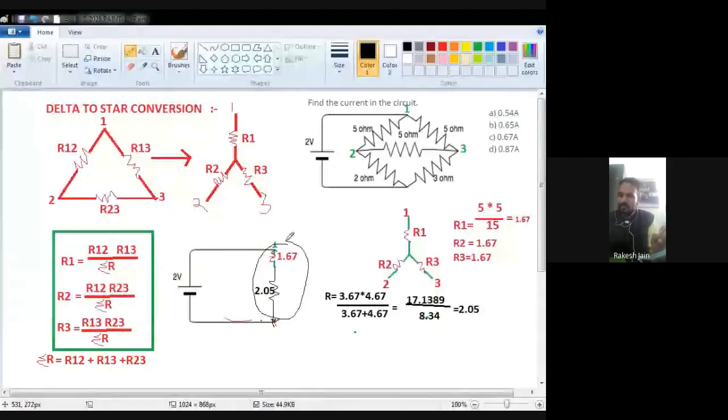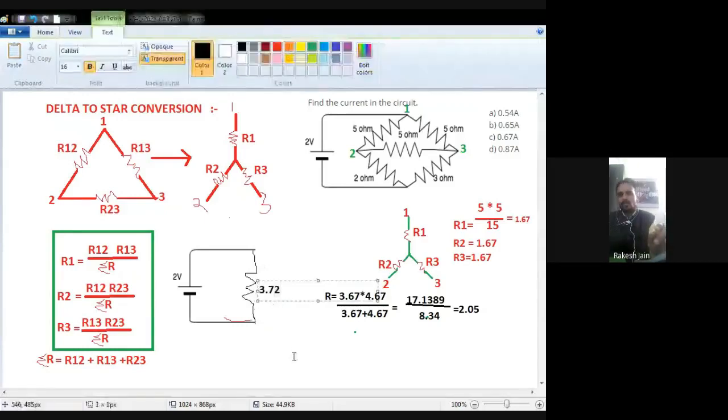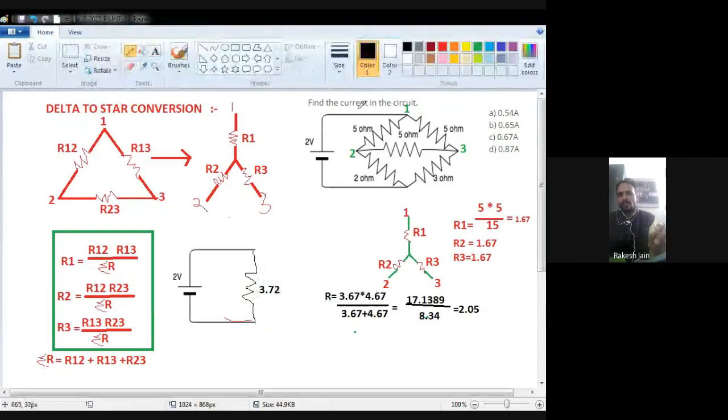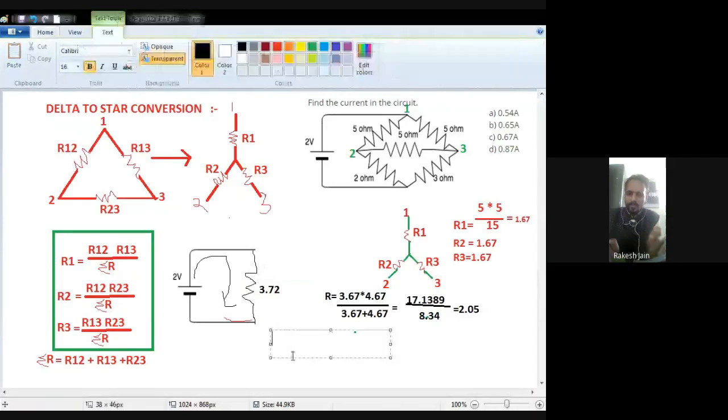Now 17.1389 divided by 8.34 is equal to 2.05 ohm. Okay, so now what will happen?